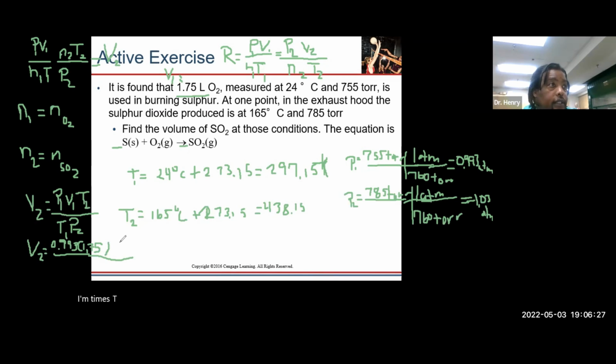Times T2, which was 438.15, divided by T1, which was 297.15, times our P2, which is 1.03. Okay.